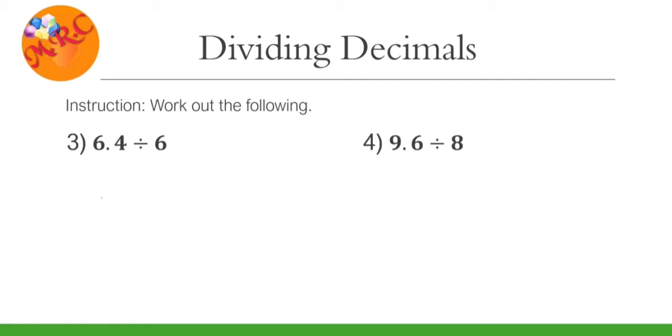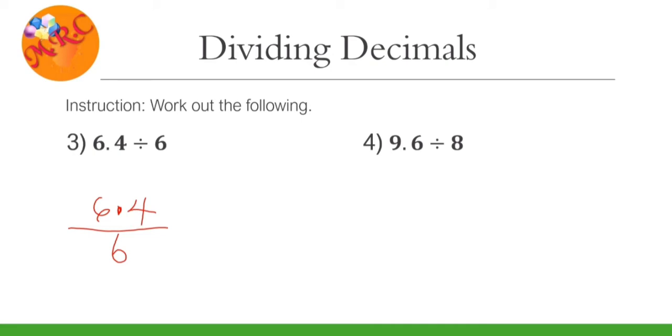And I'm going to have 6.4 divided by our number here, which is 6. Good. Alright, so now I'm going to divide each term by 6, both top and bottom.